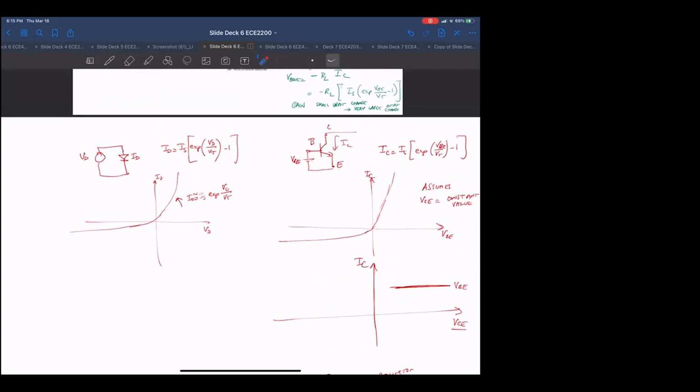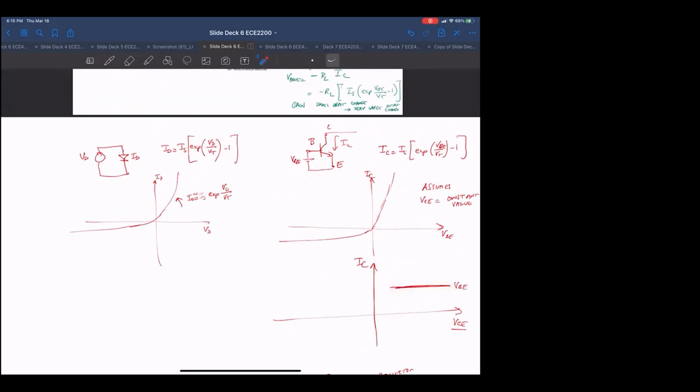Because this output current, this I sub C, is extremely dependent on the base emitter voltage, exponentially, but not very dependent at all on the collector emitter voltage. In fact, to first order, it's not dependent at all. And the reason I stopped it here is that's only true for a certain range.